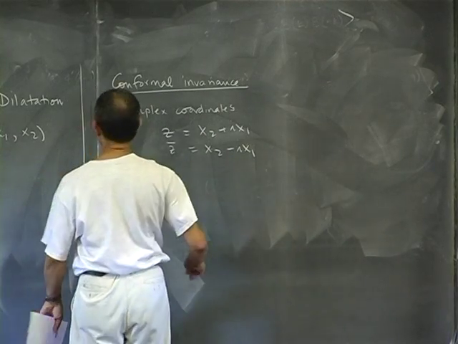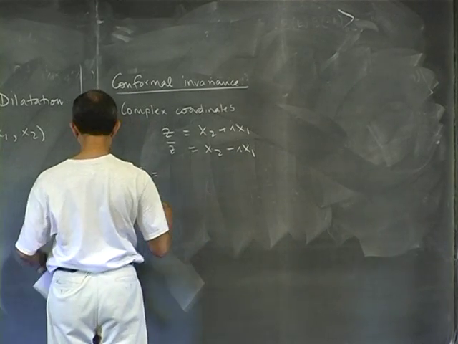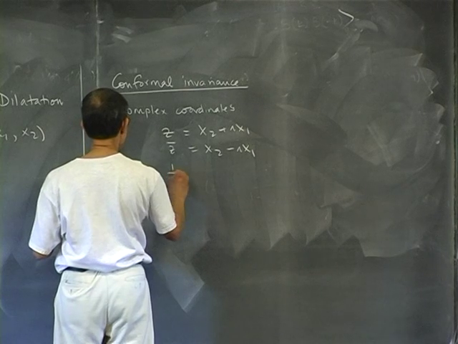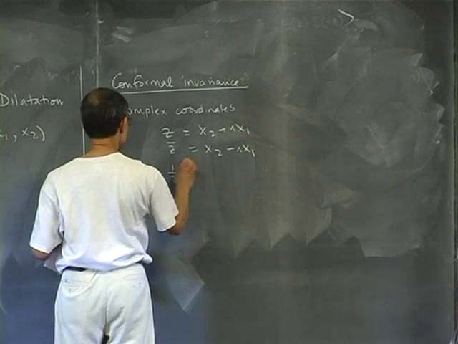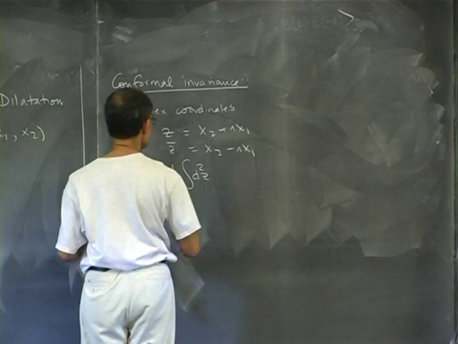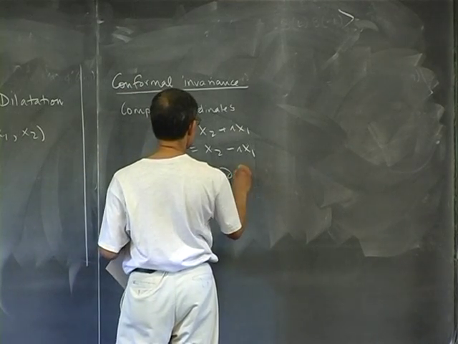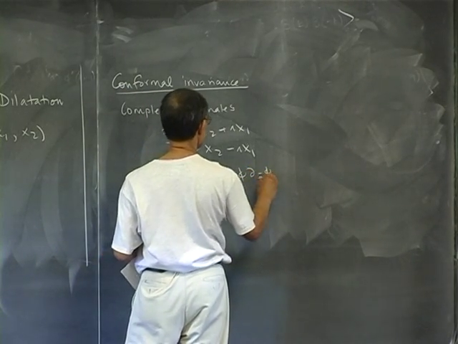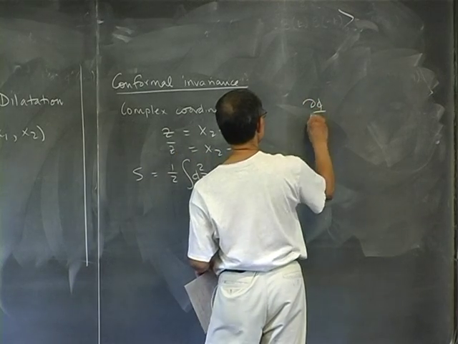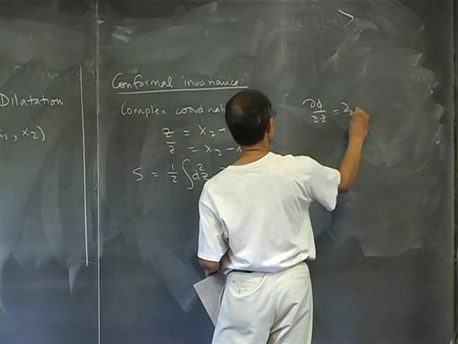And then this action can be written as half integral d2z dz phi dz bar phi. Dz phi means del phi by del z is dz phi.